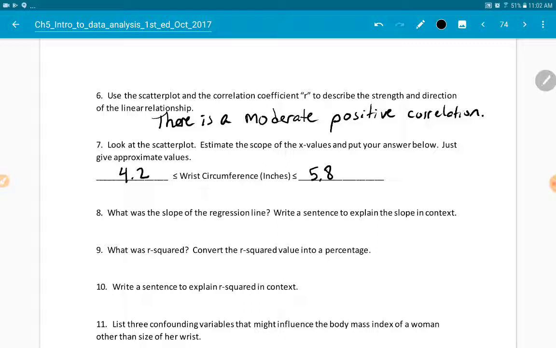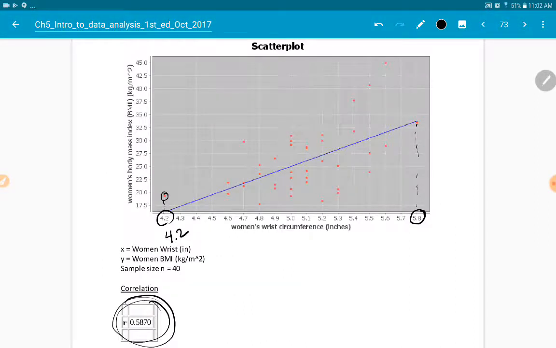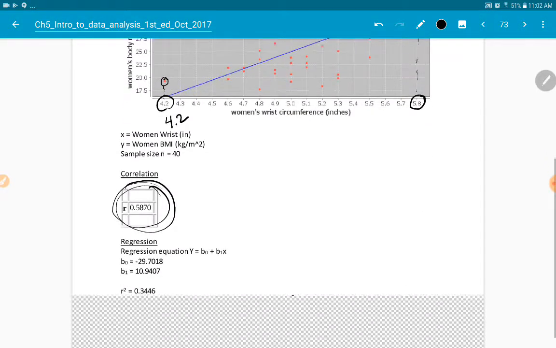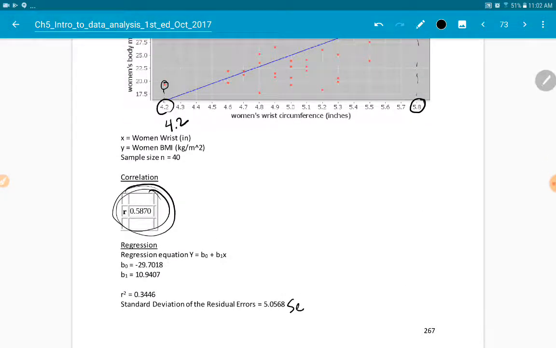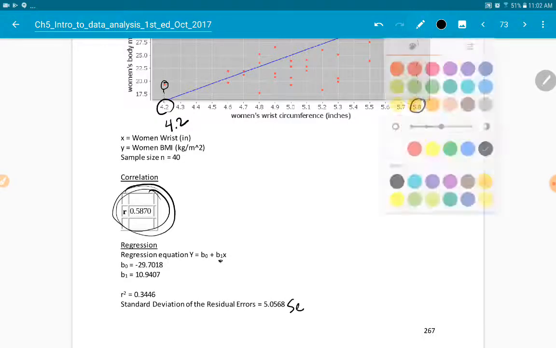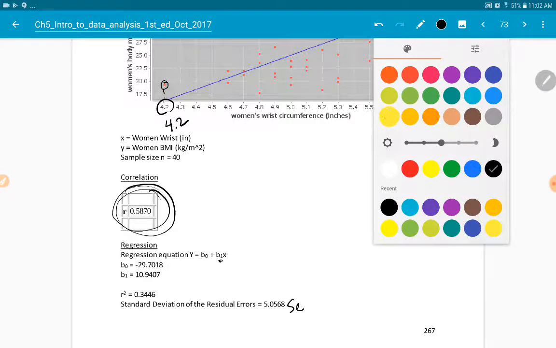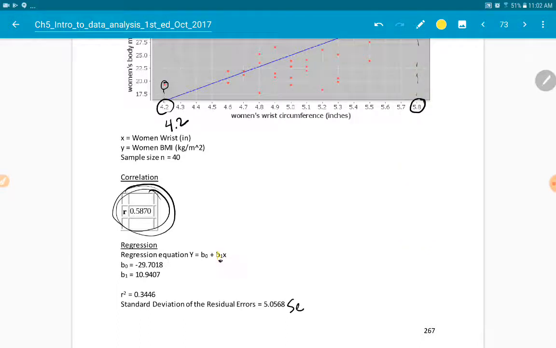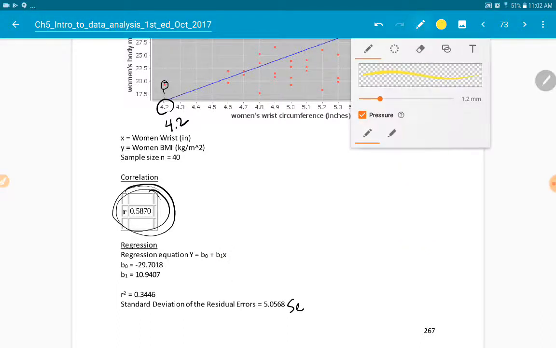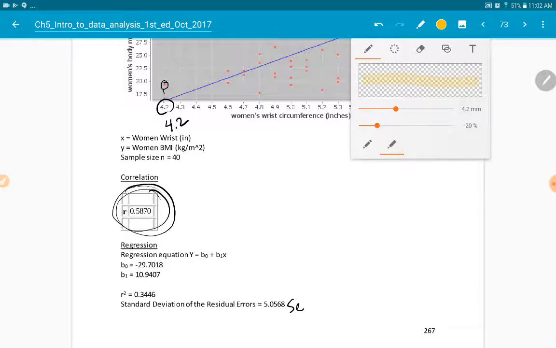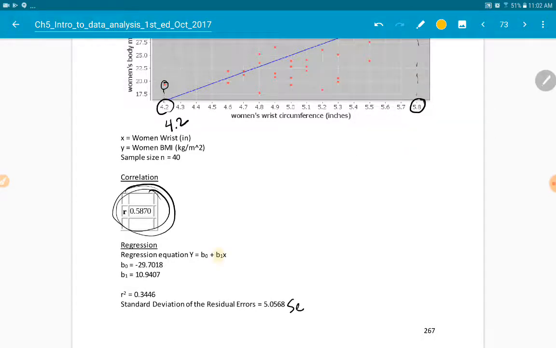Number 8, what is the slope of the regression line? Remember, that is not R. R tells us the strength and the direction of the slope, but it doesn't tell us the slope. Slope we get from the regression line. That's going to be the number that's attached to the x. So the variable that Statcato uses to show slope is B1.